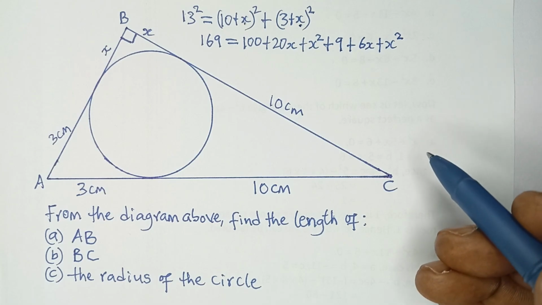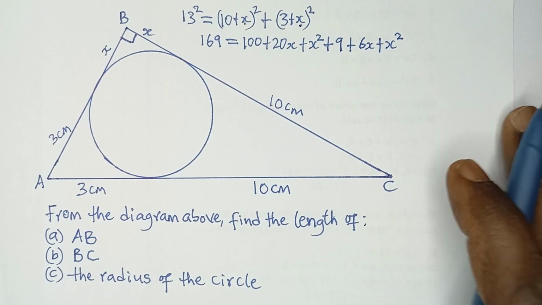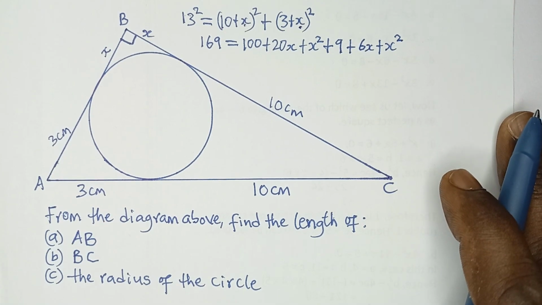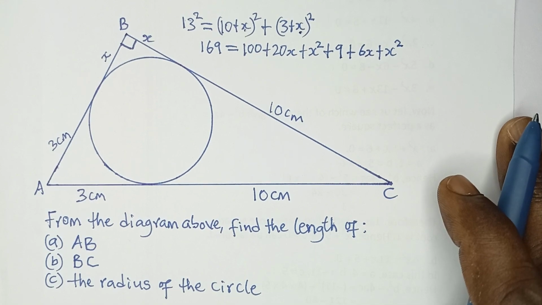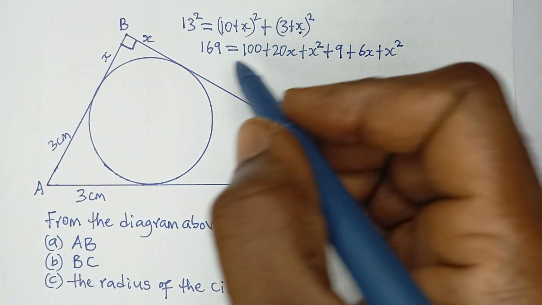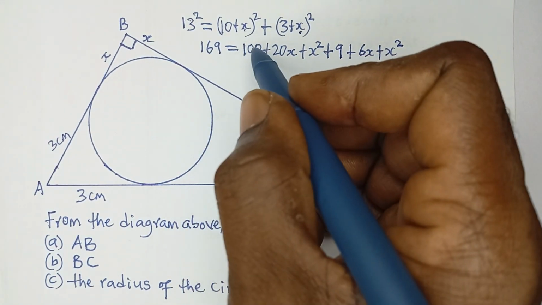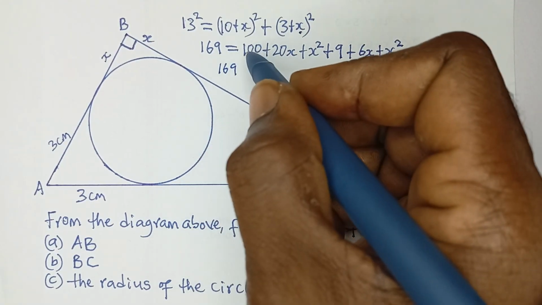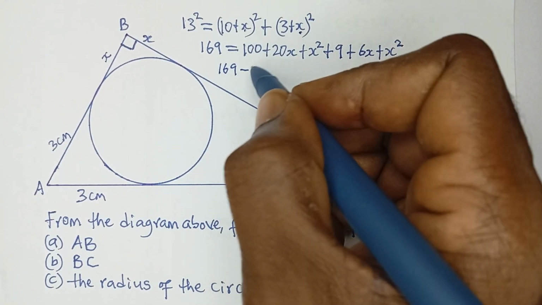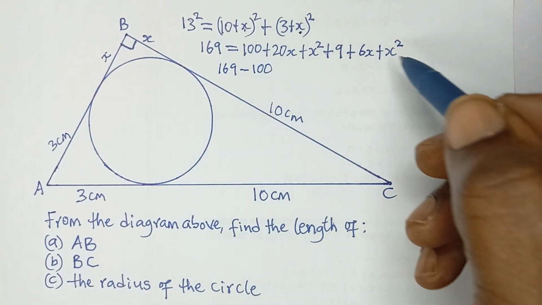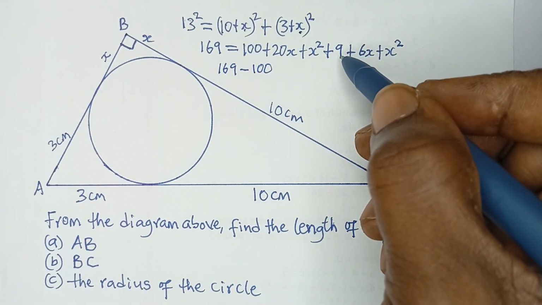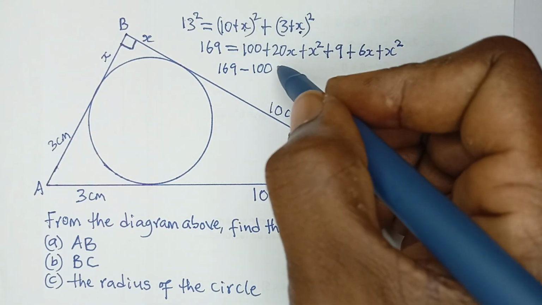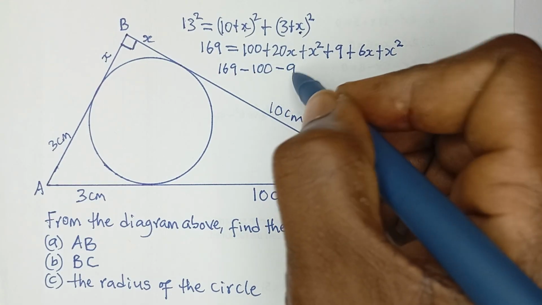So now, we are going to simplify further so that we can see what we need to obtain. Now, this 169, I'm going to take this 100 to this side, so it becomes minus 100. Then this 9, I'm collecting like terms now, 9 goes to that side, also becomes minus 9.